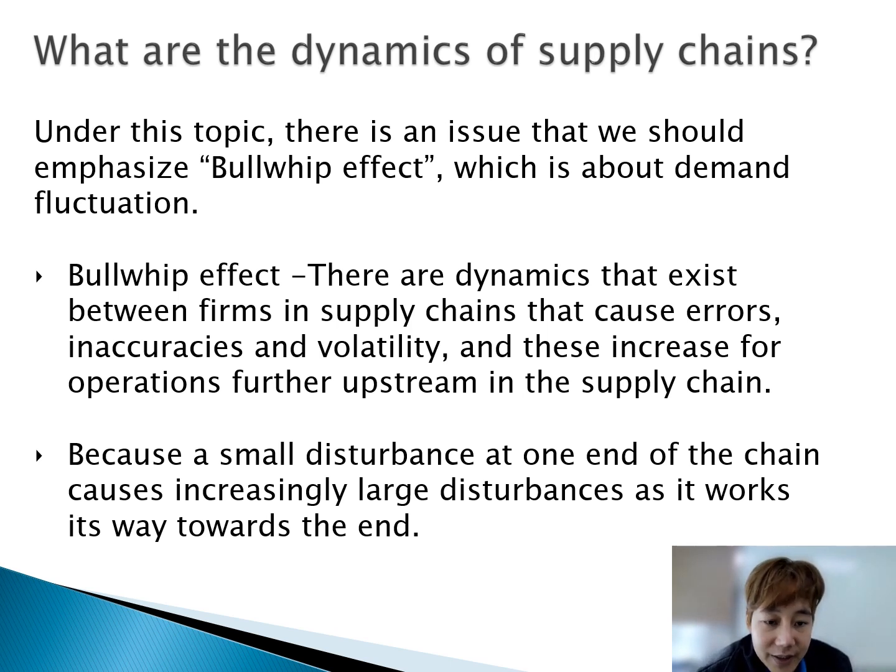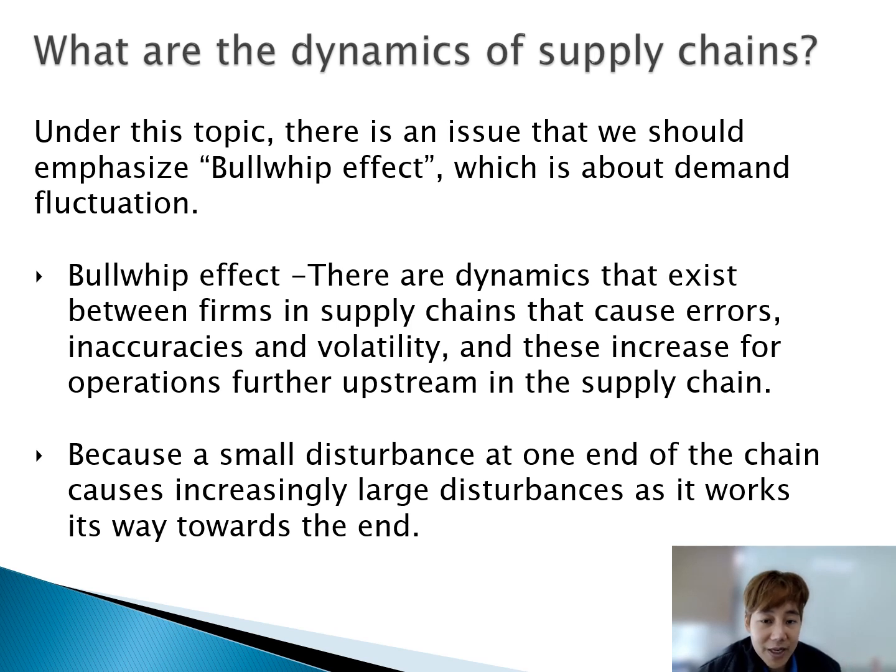There are dynamics that exist between firms in the supply chain that cause error, inaccuracy, and volatility, and this increases for operations further upstream in the supply chain because a small disturbance at one end of the chain causes increasingly large disturbance as it works its way toward the end. That's why we need to be careful.